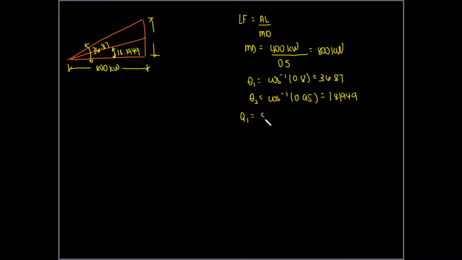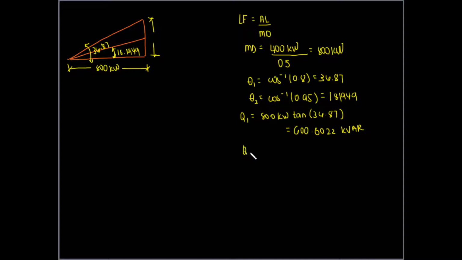So this must be 800 kilowatts times tangent of 36.87, which is 600.0022, and the unit of this is now in kVAR.